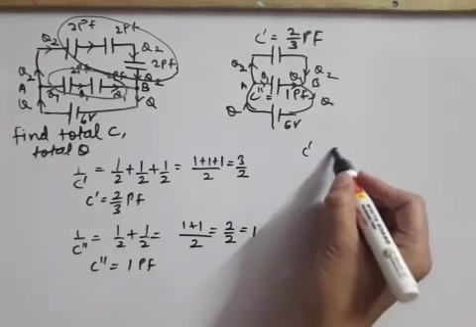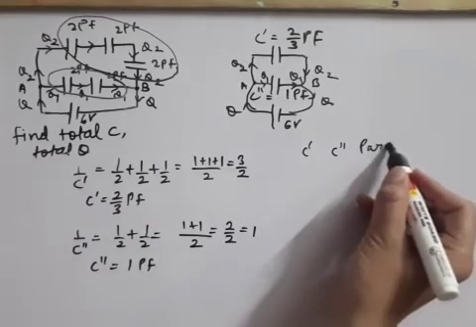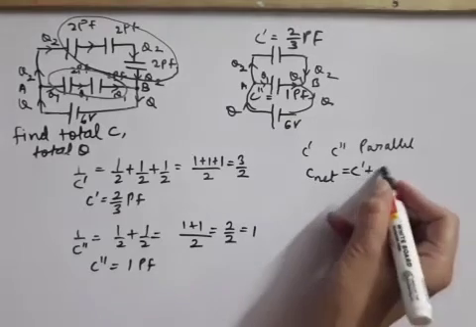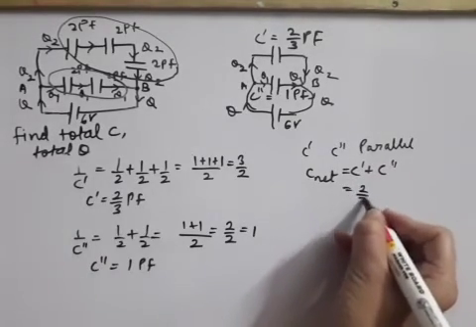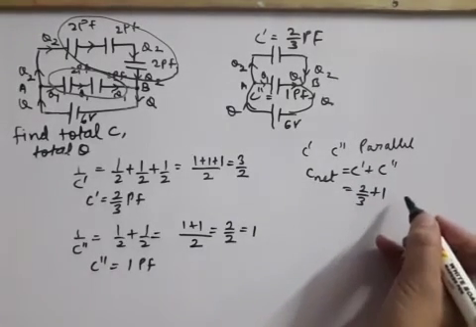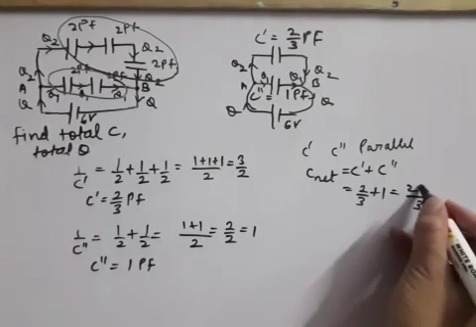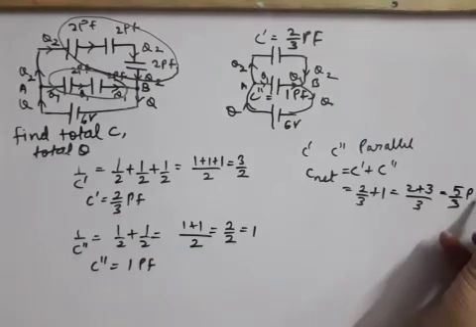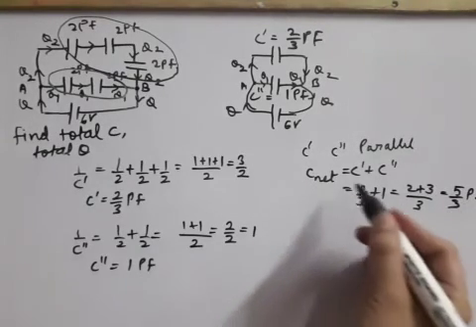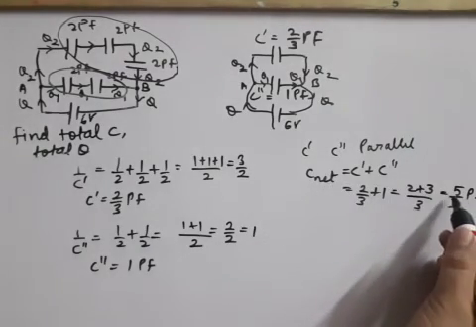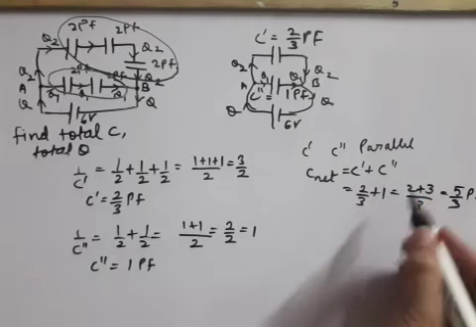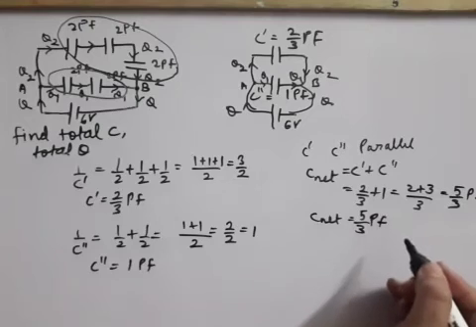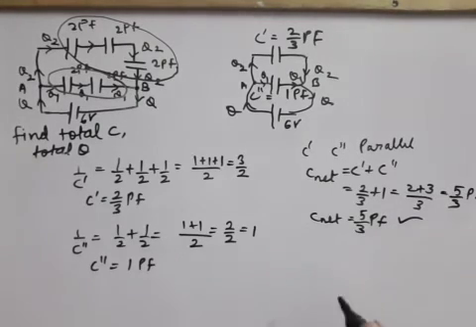So C dash and C double dash are in parallel. So parallel net answer is obtained by direct addition. So we have to add directly 2/3 and 1, taking LCM. We will obtain 5/3 picofarad. Here we don't have to reciprocal it because we get directly C net equal to C dash plus C double dash. So the net answer of capacitance is 5/3 picofarad. This is one answer obtained.